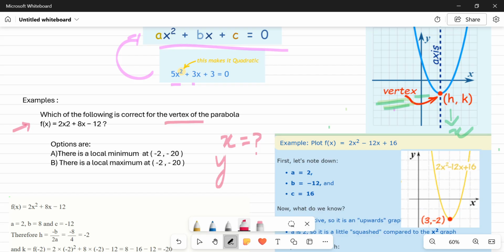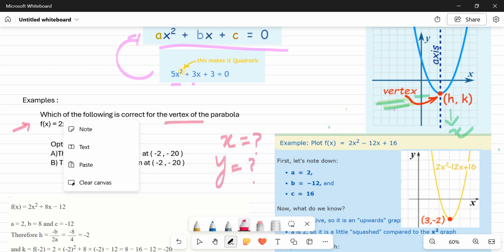So how are we going to find this out? There are two options given to you, option A and option B. In this example, this is 2x squared.